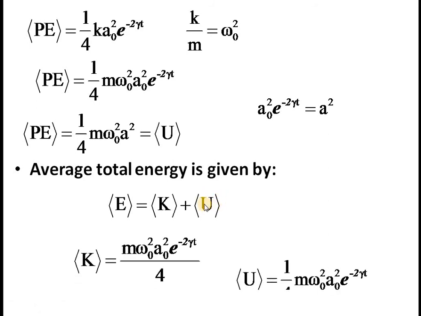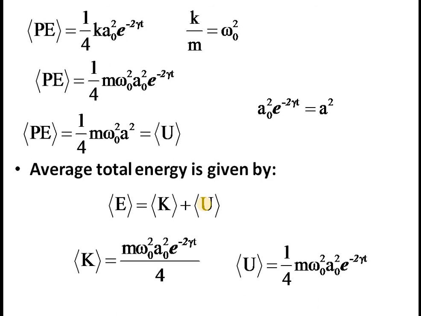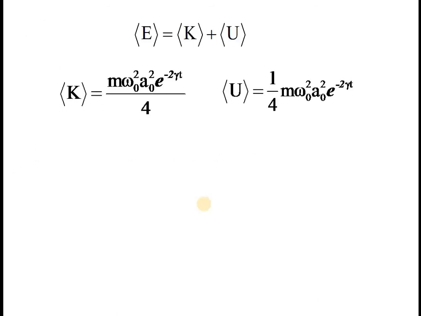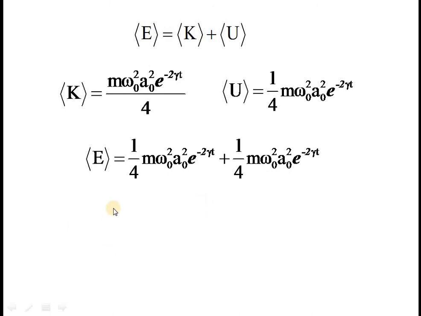Kinetic and potential average values are already found, so we can add them up. Adding, the average energy over a complete period is 1 by 4 m omega 0 square a0 square e raised to minus 2 gamma t plus 1 by 4 m omega 0 square a0 square e raised to minus 2 gamma t. These common factors are there, so we can add them up.